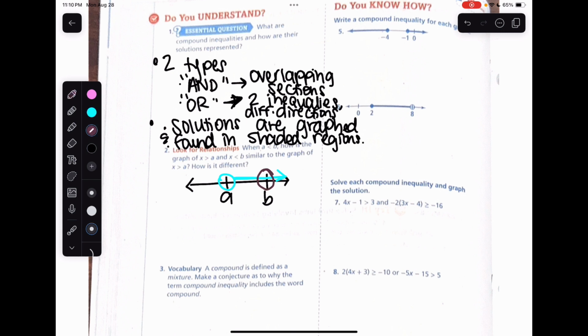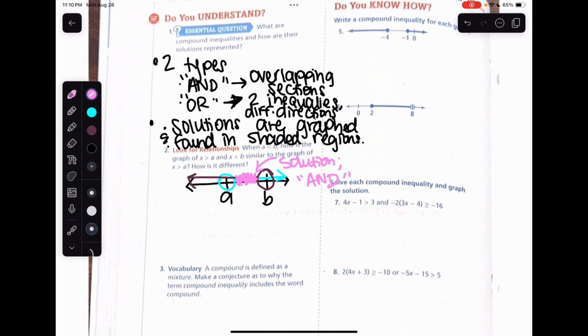Open circle that's shaded to the left. So those overlapping sections, that's where I'm going to find my solution. So it's going to be between these two areas. Okay? So the pink section is my actual solution. That's an and statement, or an and compound inequality.